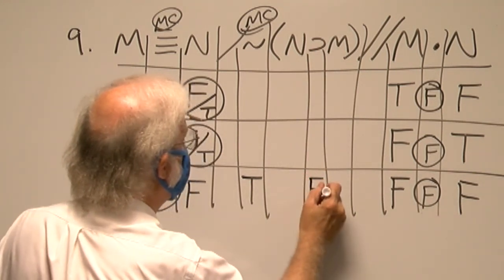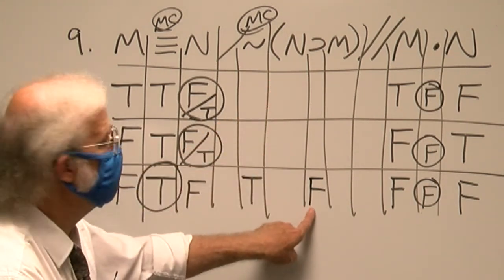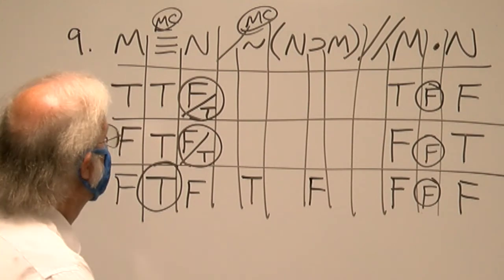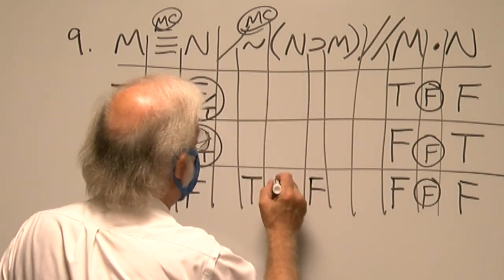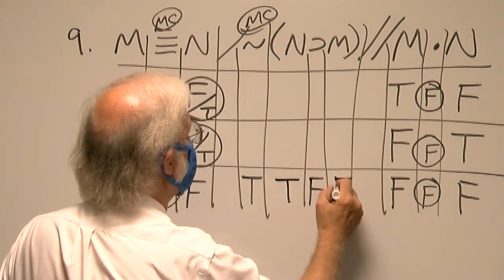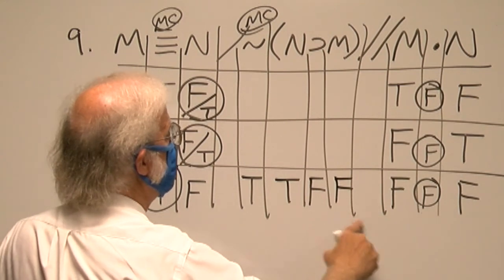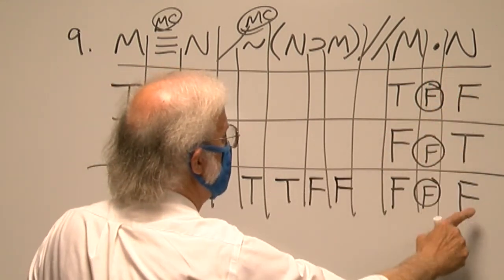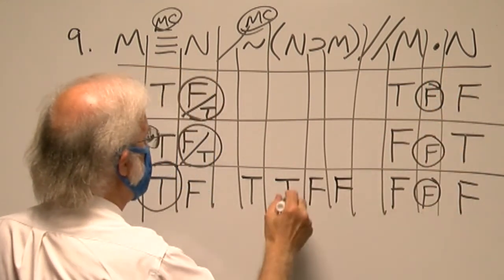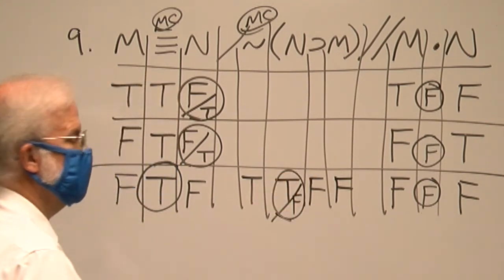It's got to be false. What is the only way that a horseshoe can be false? If the antecedent, n, is true and the consequent, m, false. Well, we've said that m is false over here, but we said that n has to be false, and now n has to be true here. So there's a contradiction here.